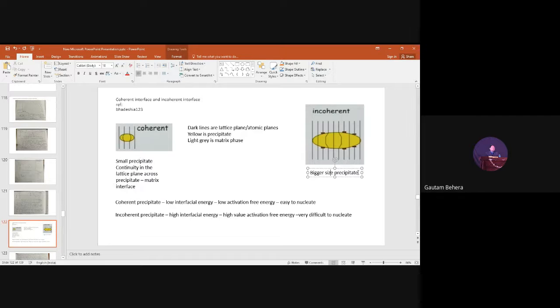But here, what should I write? Not continuous lattice planes or atomic planes across the interface.